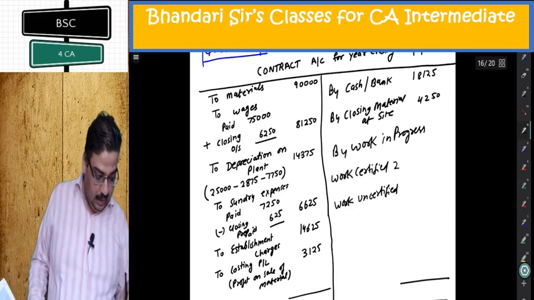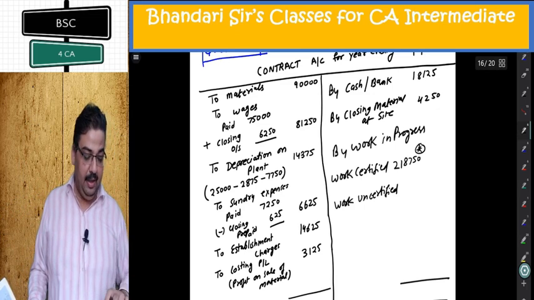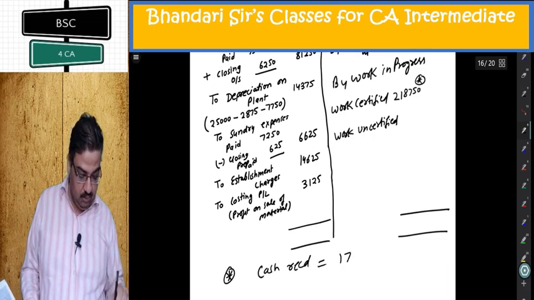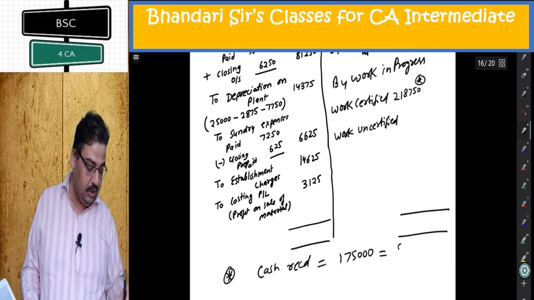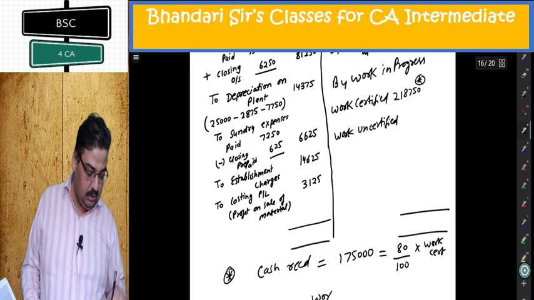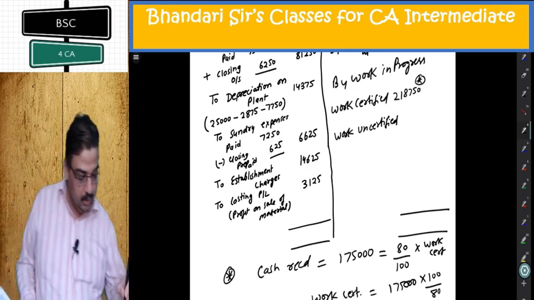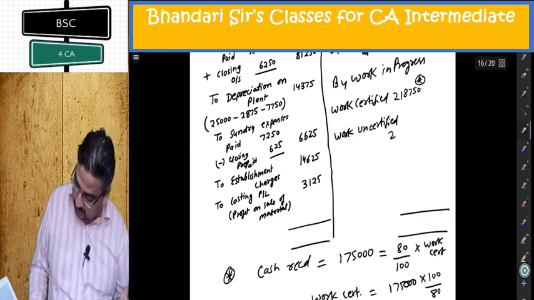That is 218,750. This is important calculation to understand. Question says cash received is 1,75,000, which is 80% of work certified. So work certified equals 1,75,000 into 100 by 80. That is computed 218,750. Uncertified given 27,375.